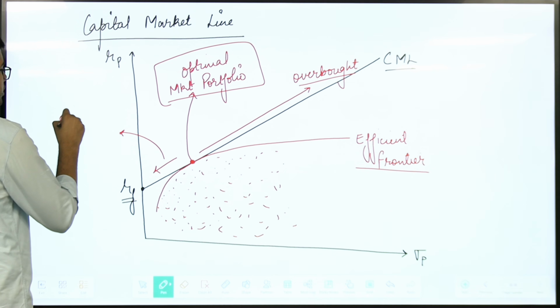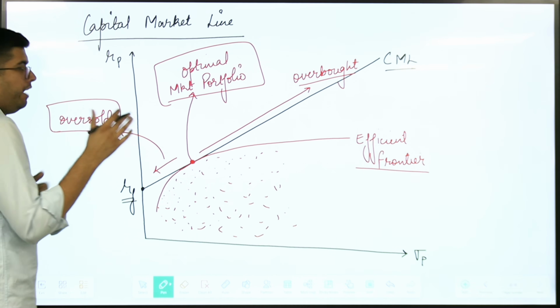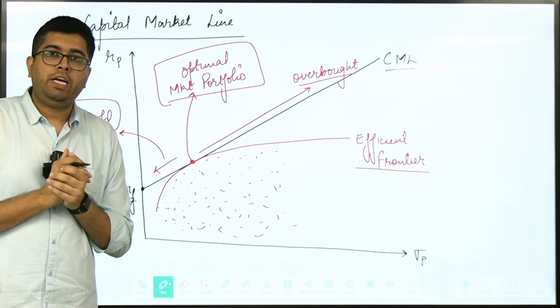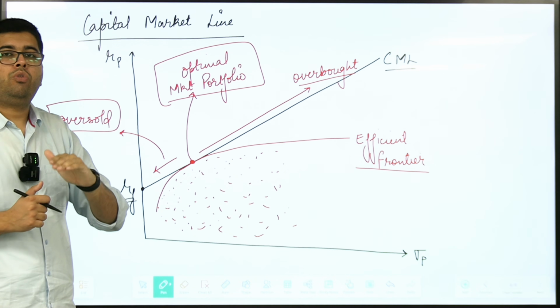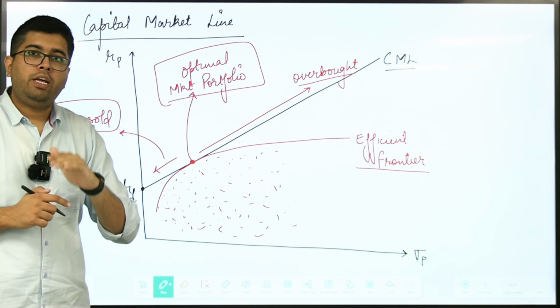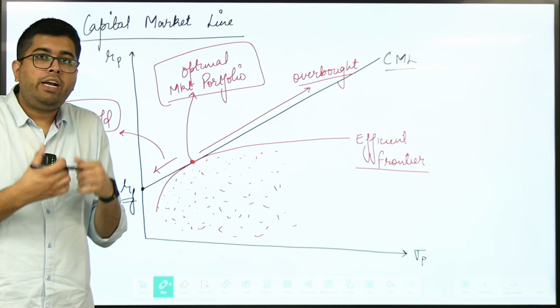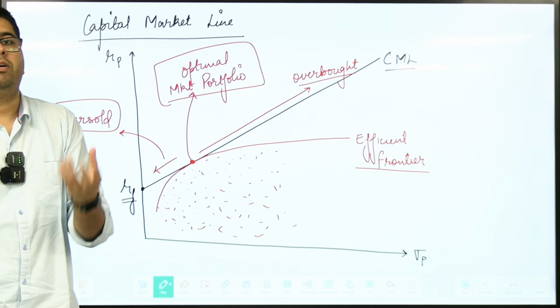oversold market where investors are very pessimistic. They are not very positive. They have very negative sentiment. They are very afraid of the market or the investments. In this case, the market will operate at very low risk and very low returns. But the problem is market is capable of providing more returns if the investors are willing to take a little bit more risk.